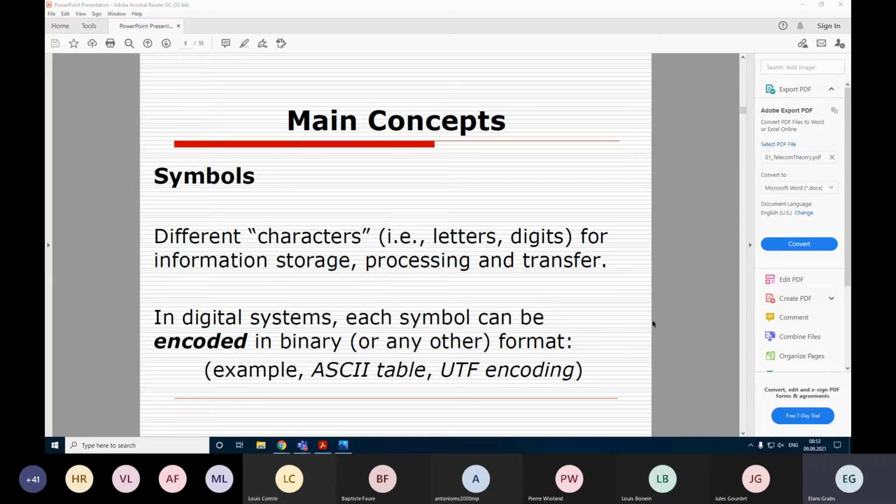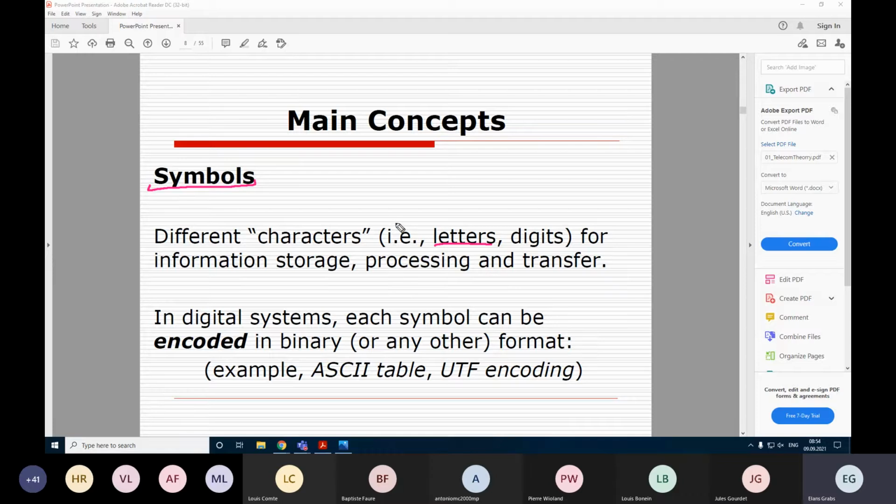So let's get to the next definition. We usually work with information in some sort of characters or symbols. Yes, so symbols are some logical structure for how we work with information. So in our letters, in our writing, we use characters such as letters and digits to write down this information on paper or in computer and do something with that.